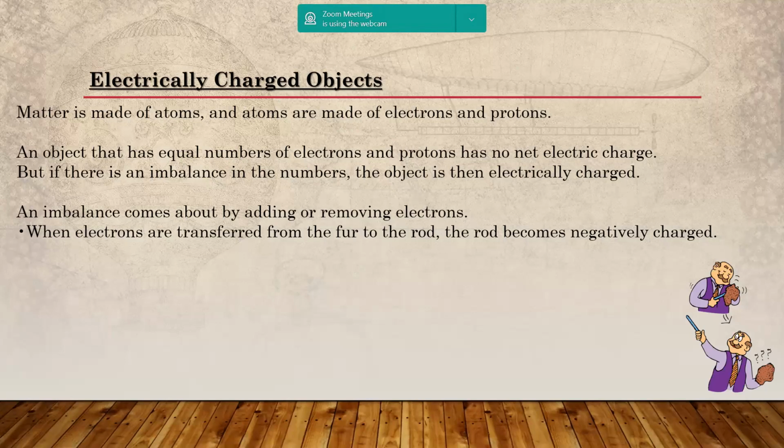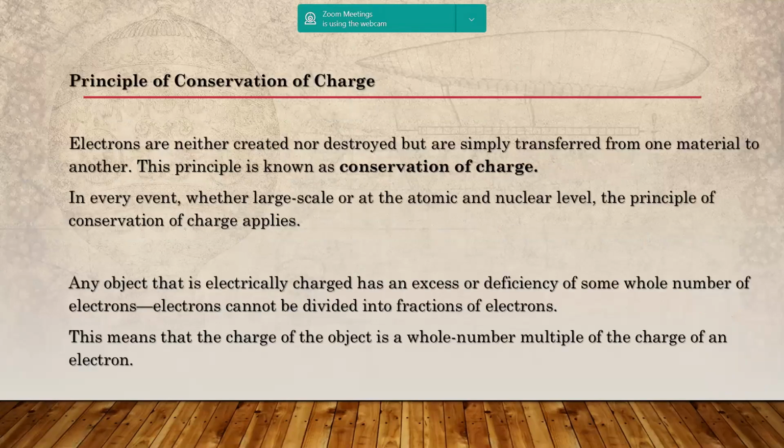Now this leads me to talk about the principle of conservation of charge, like the principle of conservation of energy. Electrons are neither created nor destroyed, but are simply transferred from one material to another. What does it mean?